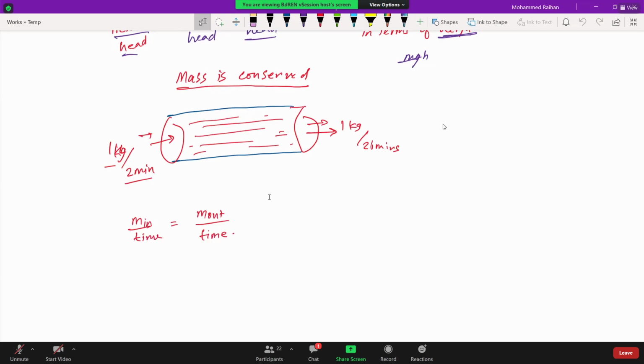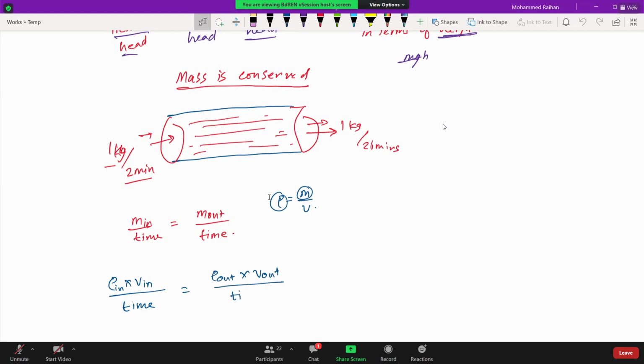So density equals mass per unit volume, right? So can I write mass as density into volume? Yes. So density in into volume in divided by time equals mass out, which will be density out into volume out divided by time.